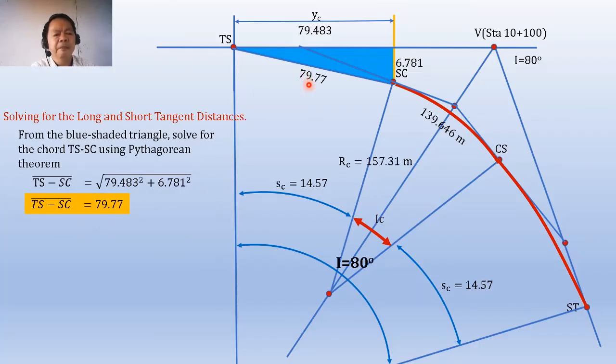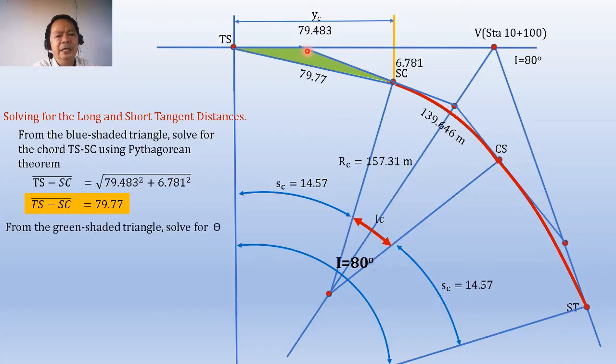Yeah? Now, pagkatapos niyan, since we will be looking at which one is our long tangent and our short tangent, let us now try to consider the other triangle, itong tinatawag na shaded triangle na ipapakita ko sa inyo. Okay, nasaan siya? Ito yan. Nakita niyo yung triangle na yan naman. So, in the triangle, we already have just computed this distance, 79.77.